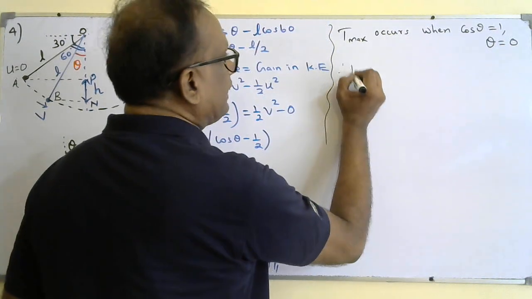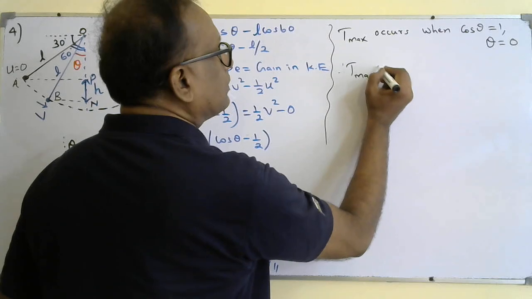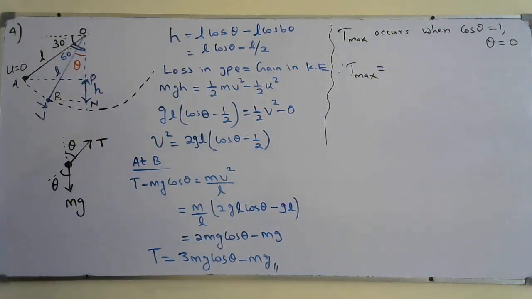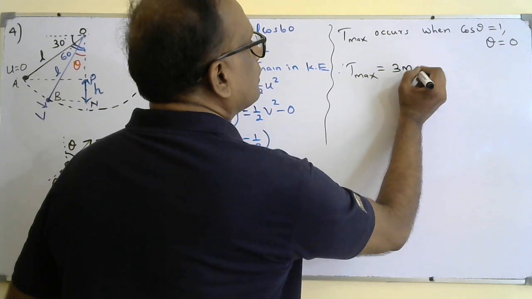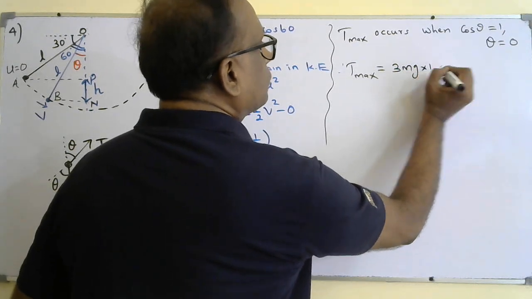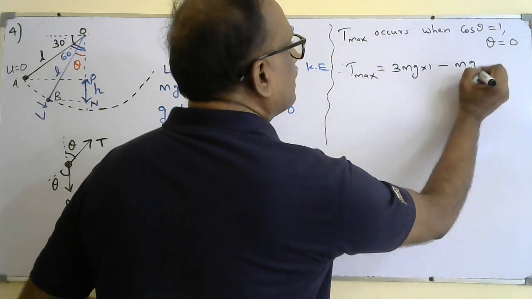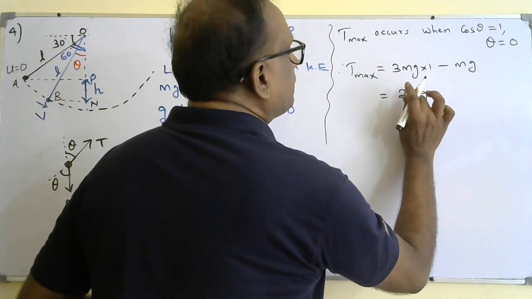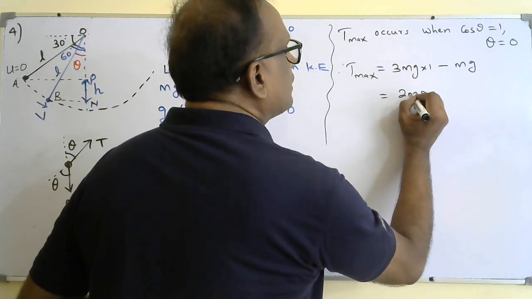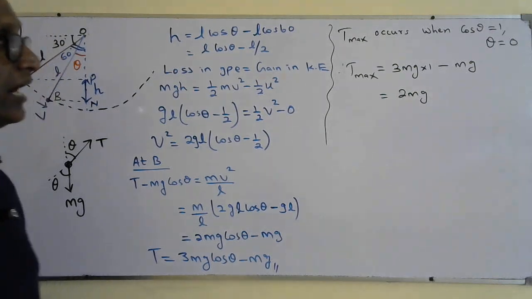So how much is T max? Substitute 1 for cos theta in 3mg cos theta minus mg, that is 2mg. That is the maximum tension when theta equals 0, that is exactly vertically down.